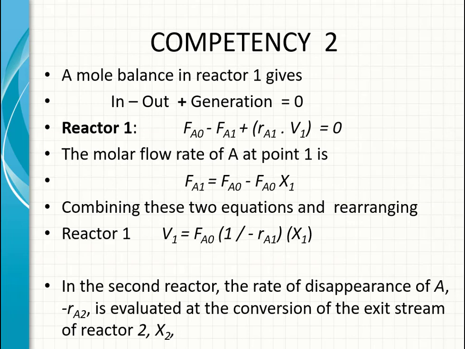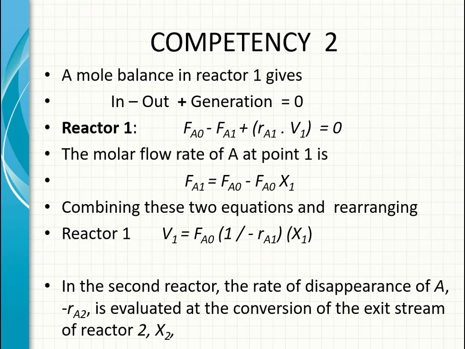So for reactor 1, we have FA0 coming in, minus FA1, what is going out, plus the generation, which is RA1 times the volume V1 of the first reactor, equal to 0.